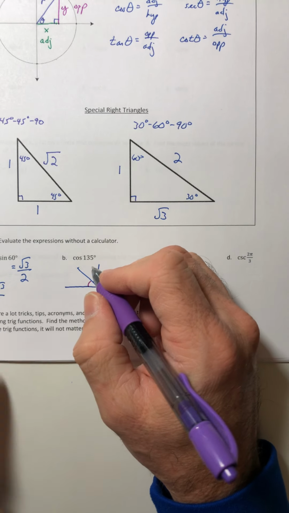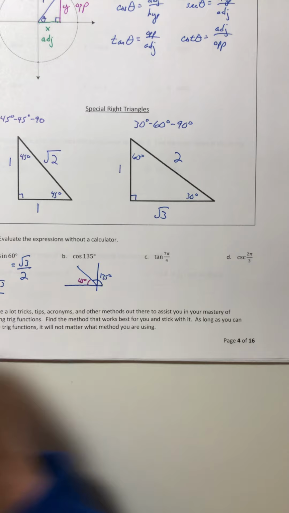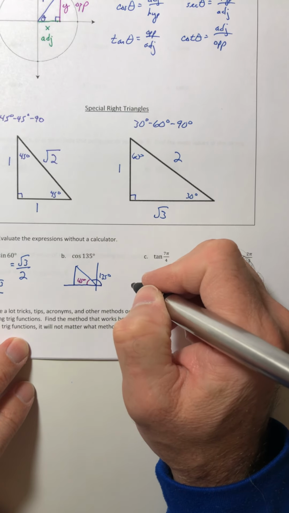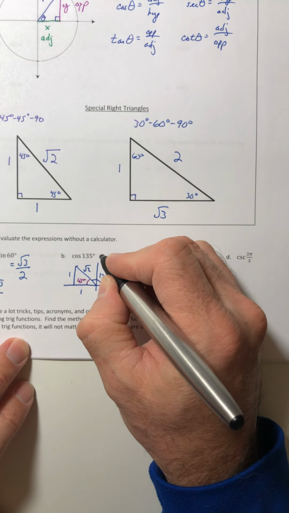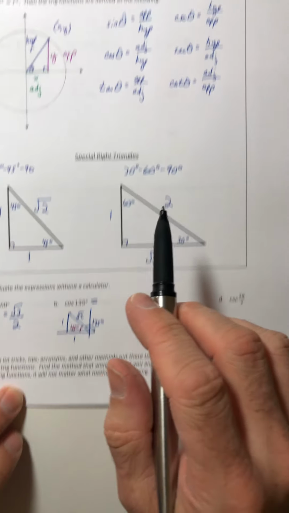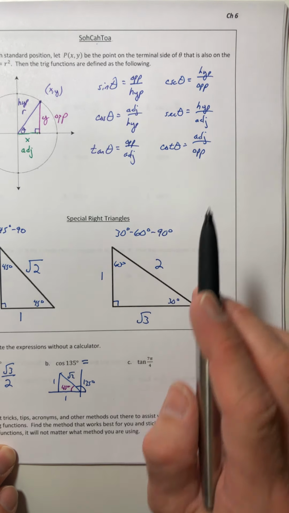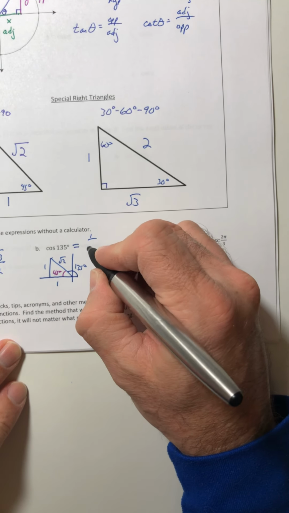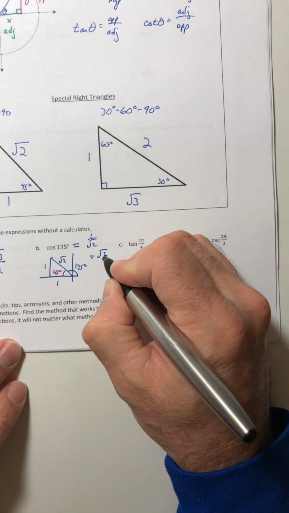In this case, that would be 45 degrees. So you now have a 45, 45, 90 triangle: 1, 1, √2. Cosine is the adjacent over the hypotenuse. So 1 over √2, and then if you rationalize it, √2 over 2.